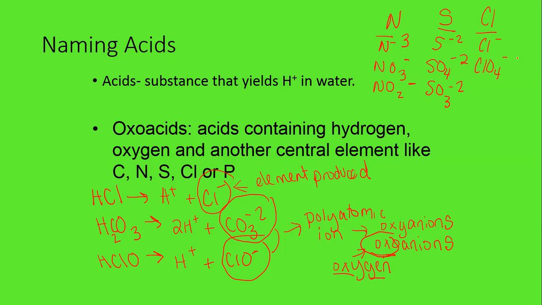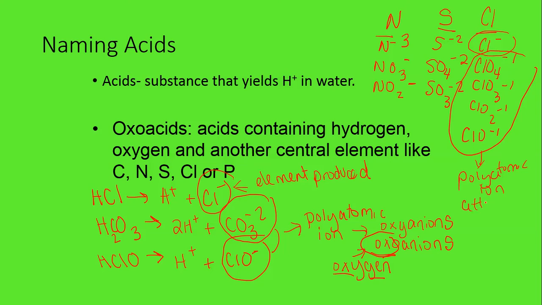It can form perchlorate, it can form chlorate, chlorite, and even hypochlorite, right? So all these ions, again, we could define as just being an ion, or being what we call an oxoanion, which means a polyatomic ion attached to hydrogen.